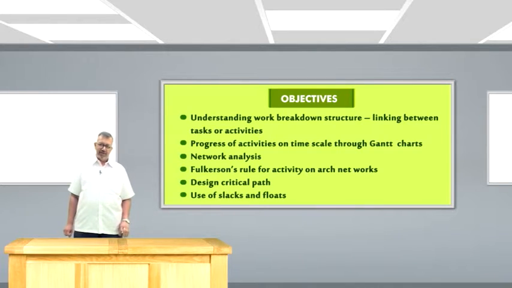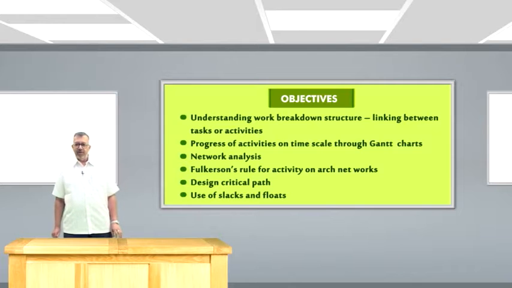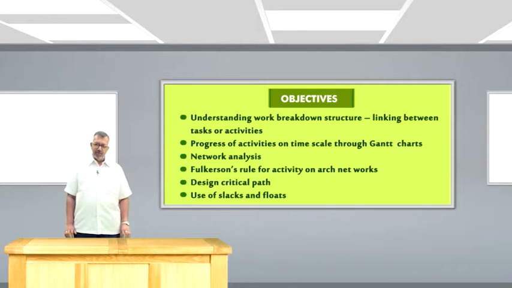And in network analysis, what we do is try to understand how these activities are sequenced, where the events are, and what activities are there in between events. We will also try to learn about Fulkerson's rule for activity on the arc networks.